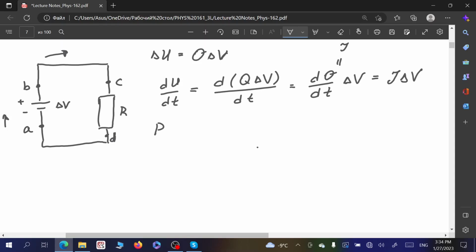So we can write that power P, that's energy per unit time, will be I times delta V. And assuming that delta V is equal to I times R, which we have shown previously in the last lecture, the product of electric current and electrical resistance, we can write that the dissipated electric power in the form of Joule heat on this resistor will be given by I squared times R, or delta V squared over R.